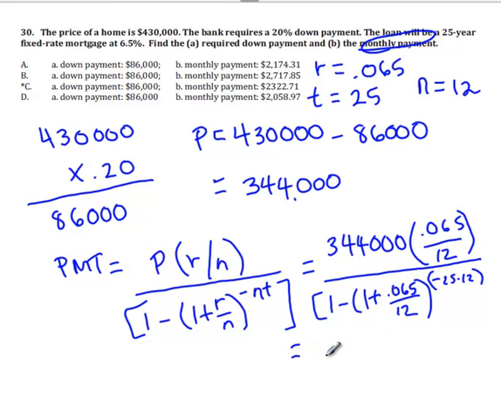So I'm going to get my numerator first. That's 344,000 times 0.065 divided by 12.